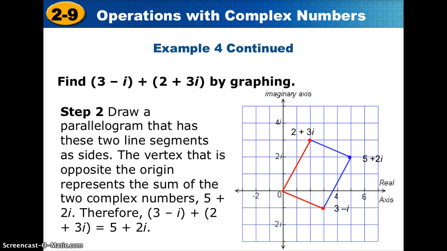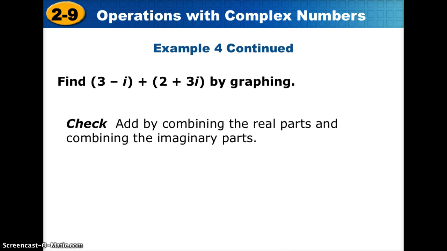We create the last one, and wherever that fourth complex number is, that is the sum of our complex numbers. So we can check our answer by adding them algebraically as we did before.